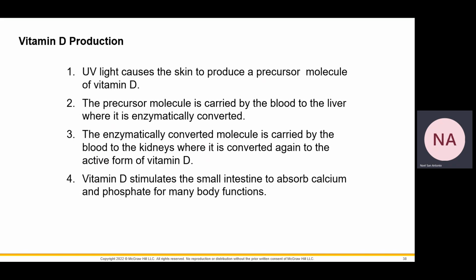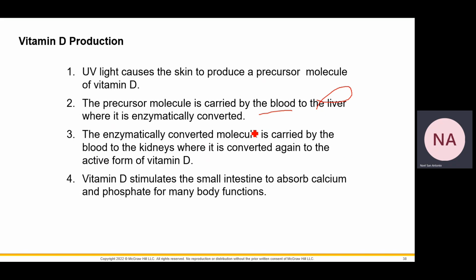As UV light strikes our skin, it causes the skin to produce a molecule which is a precursor of vitamin D. And that inactive pa kaya ang tawag sa kanya precursor. And that inactive vitamin D will be carried by the blood. Saan dadalhin ng blood yan?